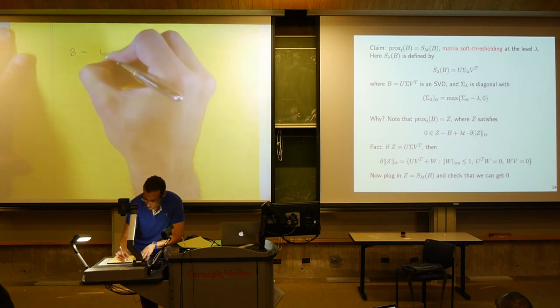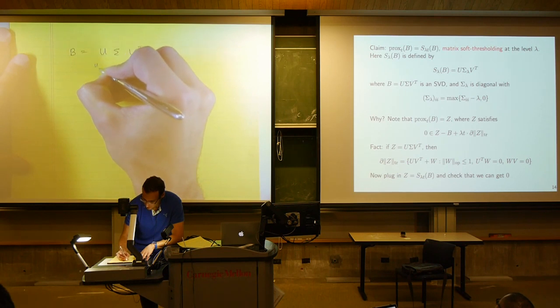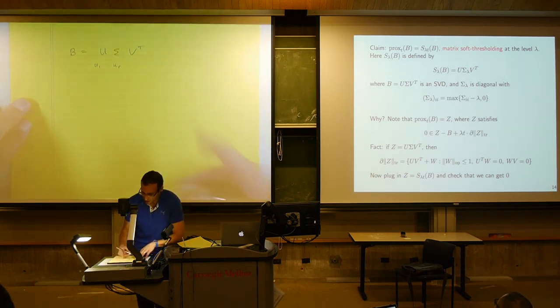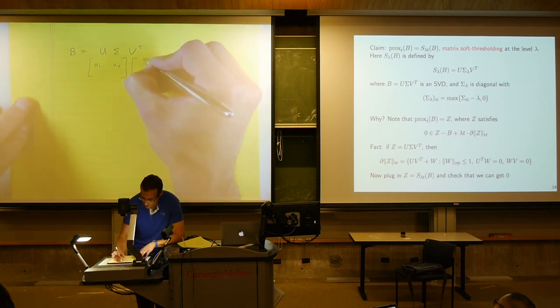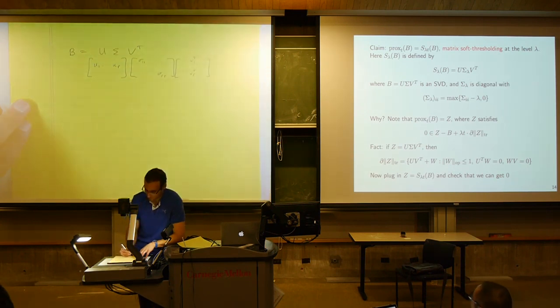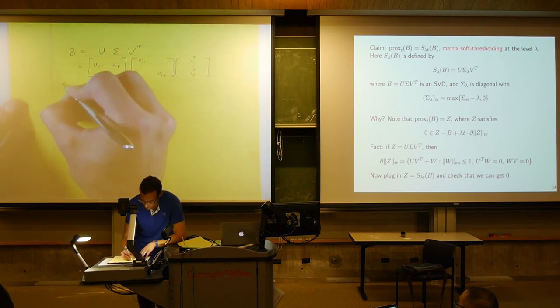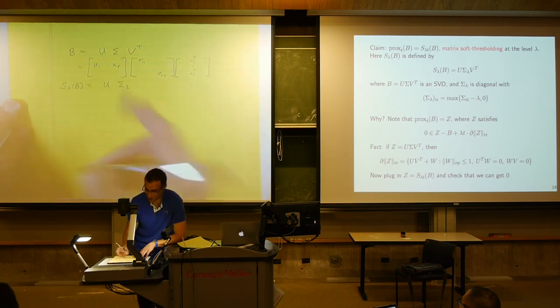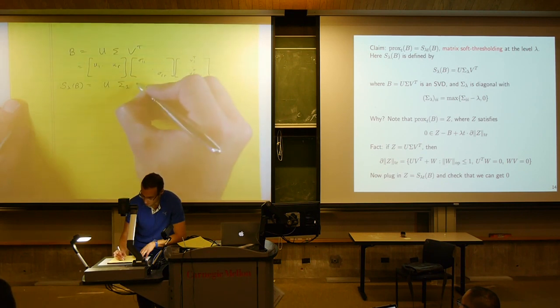If B is equal to U times sigma times V transpose, and I write the columns of U as U1 through U_R, where R is the rank of B, times the diagonal elements sigma 1,1 through sigma R,R, and the columns of V. So if this is B, then when I apply the soft thresholding operator to B, I'm taking U times the soft thresholded version of the matrix sigma, which we call sigma sub lambda, times V transpose.